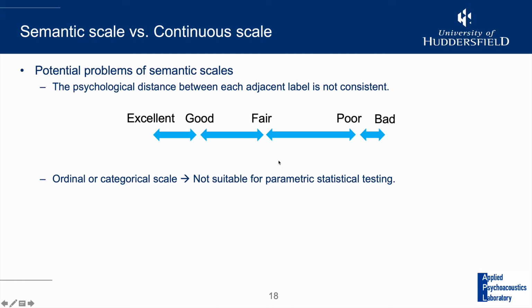For example, distance between excellent and good might be fairly small compared to the distance between fair and poor, and the difference between poor and bad could be quite small too. So this kind of ordinal or categorical scale is not suitable for parametric test theoretically.